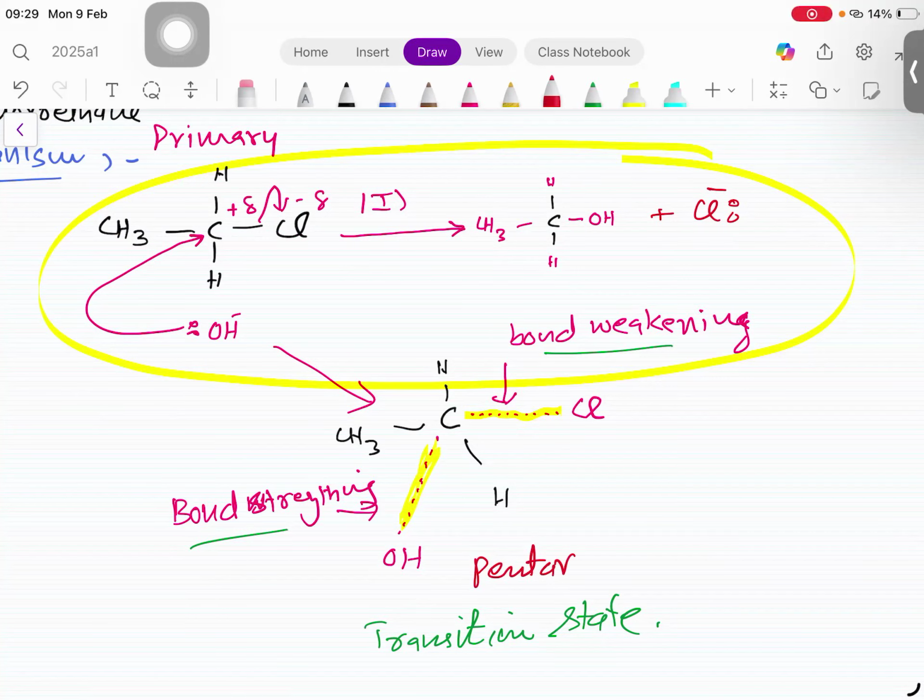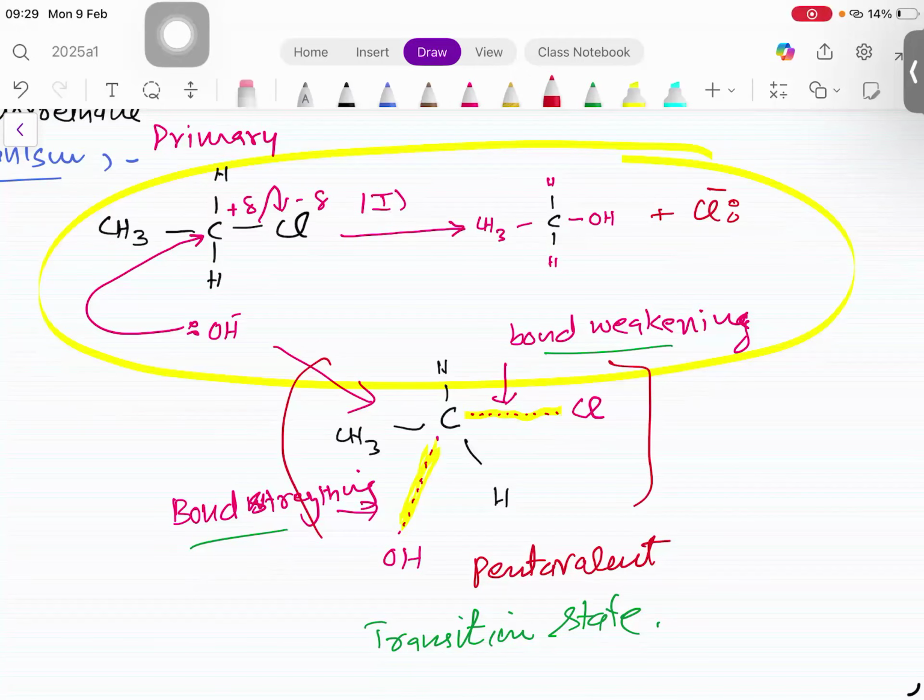It's just an imagination, which we put on the paper to explain how the bond formation and bond weakening take place, just to show that all this is happening in one step. So you call it a transition state.